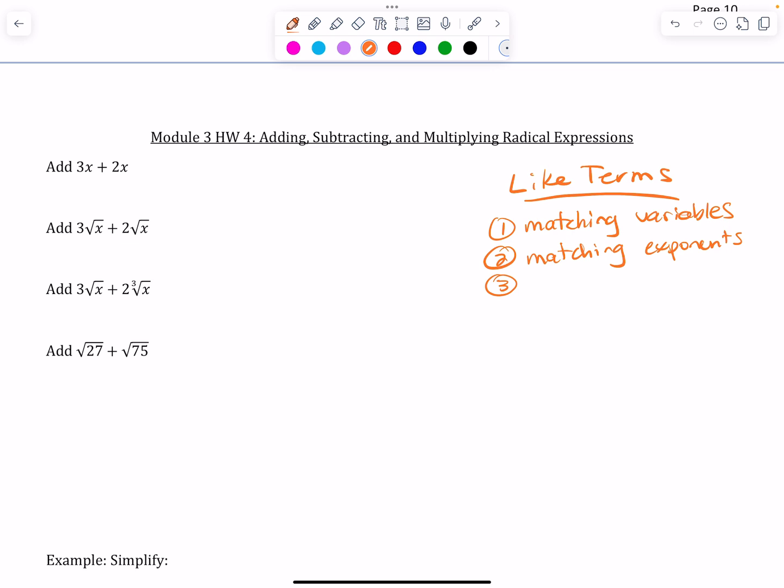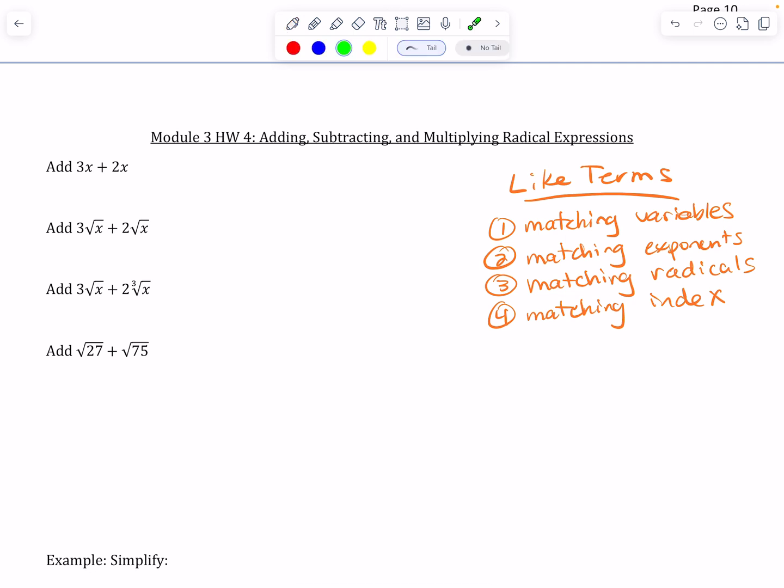We need to have matching radicals. And we need to have matching indexes. So we're going to be looking at all of those things for each question.